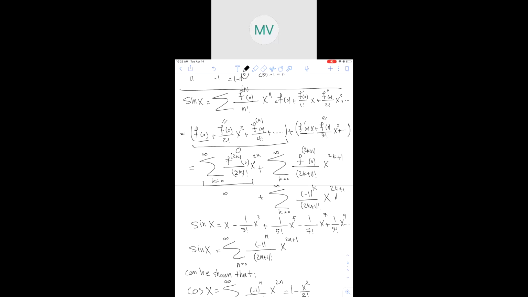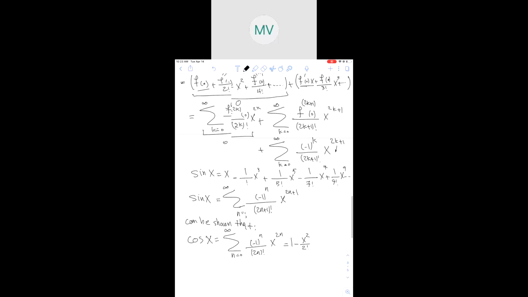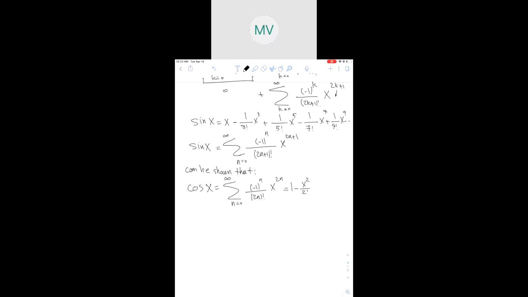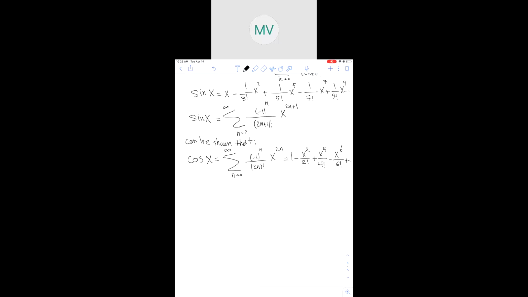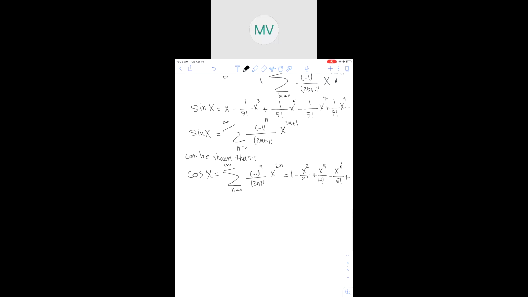So f prime of 0 was 1, so it's 1 times x, which is x. Okay. So for cosine it is 1 minus x squared over 2 factorial plus x to the 4th over 4 factorial minus x to the 6th over 6 factorial, and so on. All right.